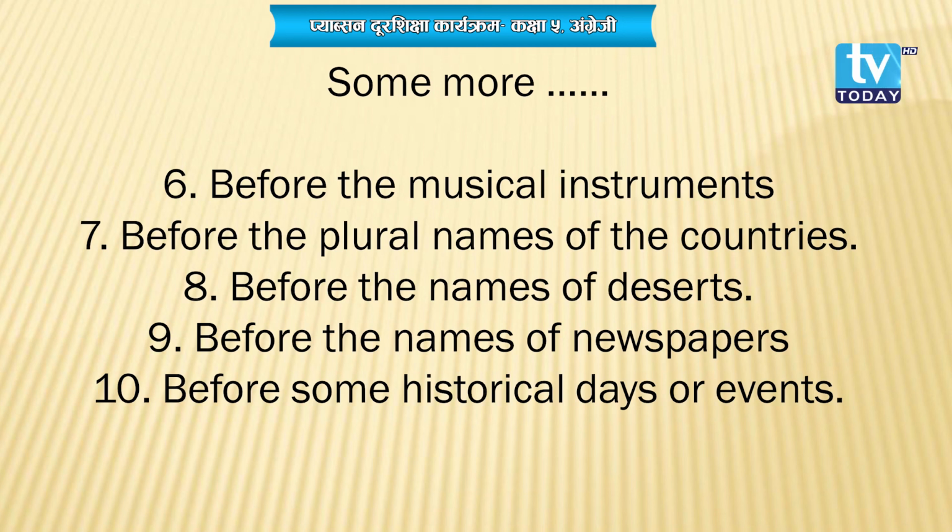And next one more, before the names of the deserts. Beside that, the names of newspapers also include the article "the", and historical days or events like the Independence Day, the Mother's Day, the Environment Day also include the article "the".